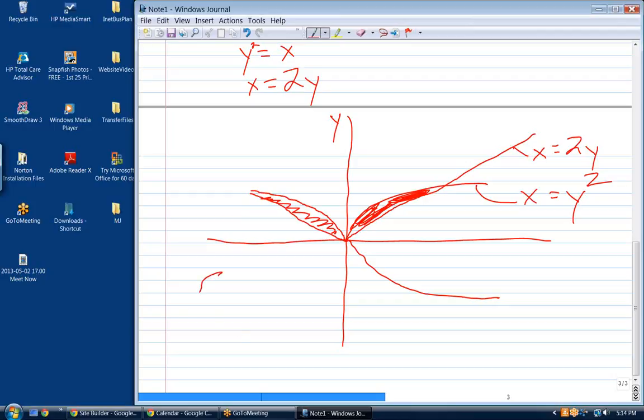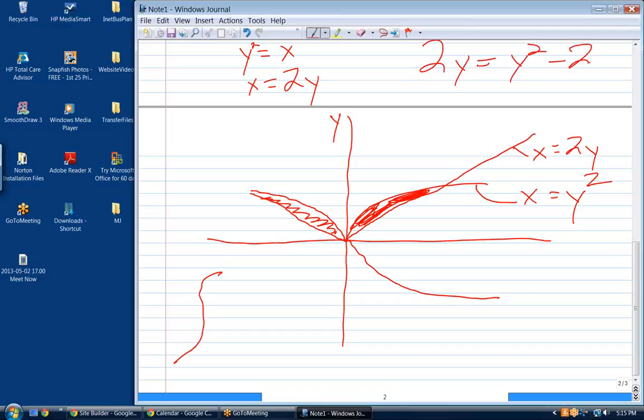Again, we're going to integrate. In order to find the limits of integration, you can just set them equal to each other. So I've got 2y equals y squared.